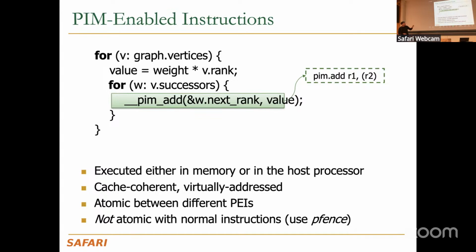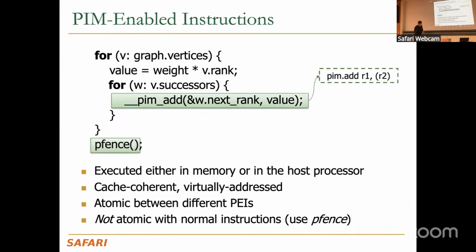All of this is just to say that if you allow the memory to do a minimal thing, which is a scalar update of a single value stored in a given memory bank, this is very easy to program because it's just one update in the code, and it's also very easy to support system-wise because it's not touching a lot of data. It's just going to touch 8 bytes of data in one particular memory bank.